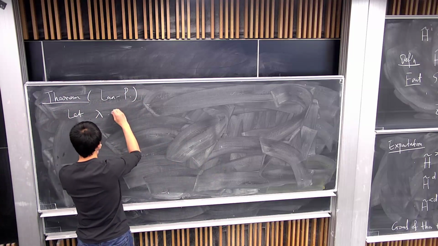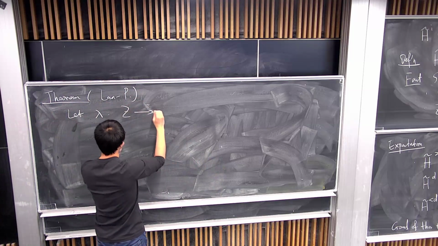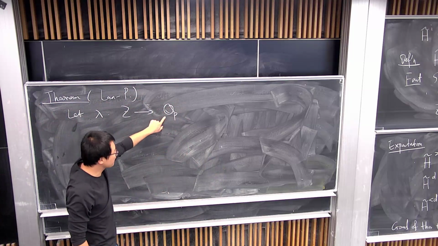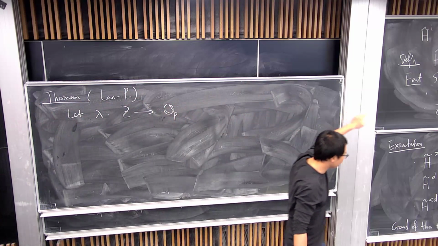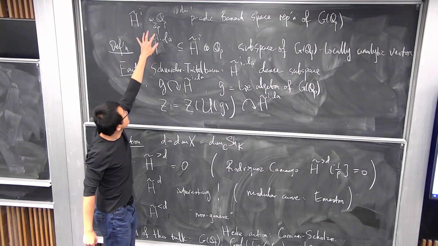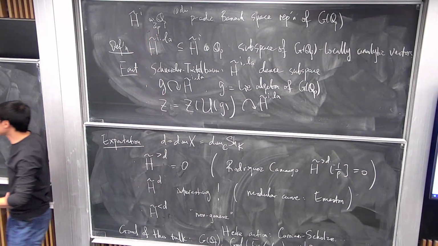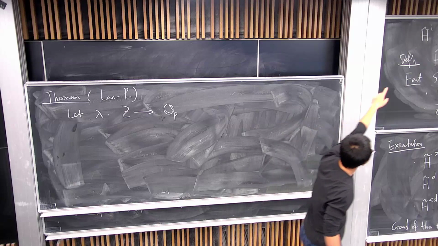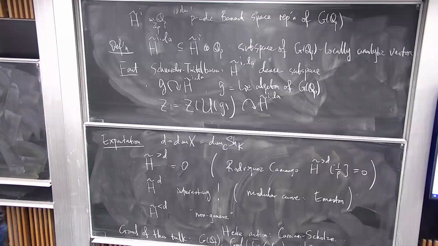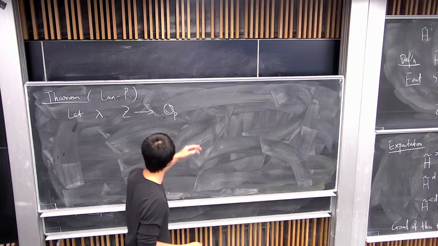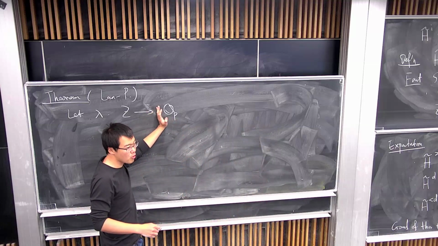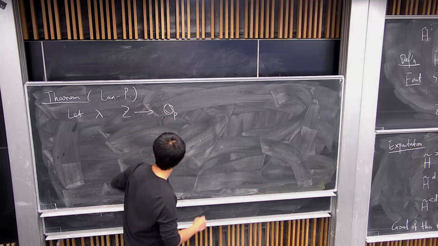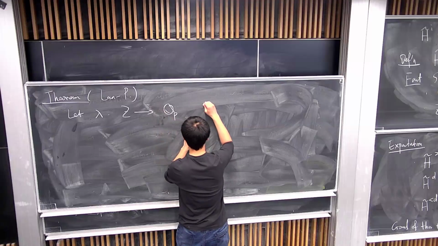So let lambda be a character of Z. Here it takes values in Q_p, simply because for my completed cohomology I just invert p. But in general, if I really want to work with some field of coefficients, I can extend to any completed extension of Q_p, and then allow more general fields of coefficients. So for simplicity, let me just state the result with Q_p here.